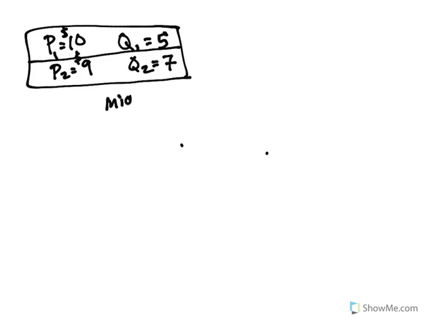So the midpoint formula, or the way we use the midpoint method for calculating a price elasticity of demand, is, I'm going to give it to you first in words, and then we'll do the math.